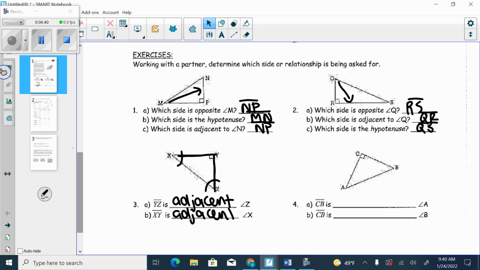A good way to tell is if the line touches the angle, it's got to be either adjacent or hypotenuse, and we know for sure which one's the hypotenuse. On number 4, side CB to angle A. Opposite. Good. Side CG in relation to angle B. Good.